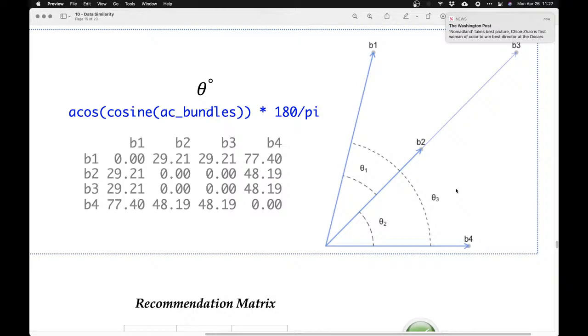What about correlation? When two things agree with each other, they have a correlation of 1. When they completely disagree with each other, they have a correlation of what? 0? -1. So correlation goes from 1 to -1. Complete disagreement is -1.